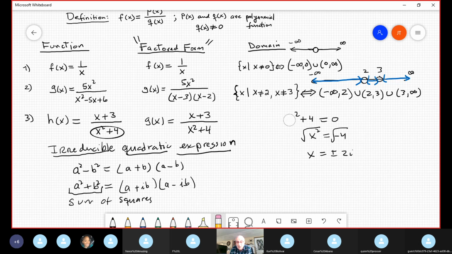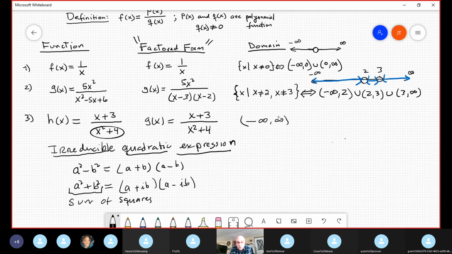So what is the super fantastic conclusion about the domain? What is the domain in your opinion? The domain excludes the values for which the denominator expression is 0. And we discovered that they are plus or minus 2i. It's imaginary. Therefore, in the real field, we have no restriction. Now, the domain of this is all real numbers, from negative infinity to positive infinity, like a polynomial.